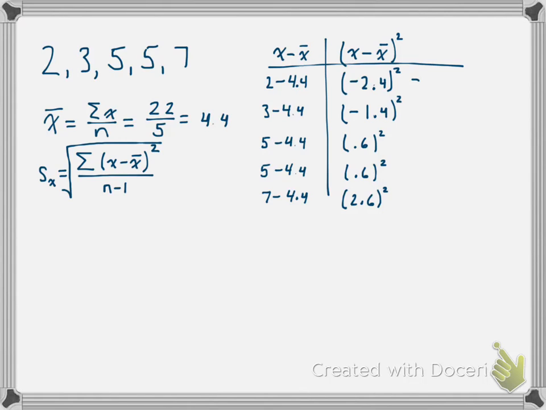And this one ends up being 5.76, negative 1.4 squared is 1.96, 0.6 squared is 0.36, and of course still 0.36, and finally 2.6 squared is 6.76.